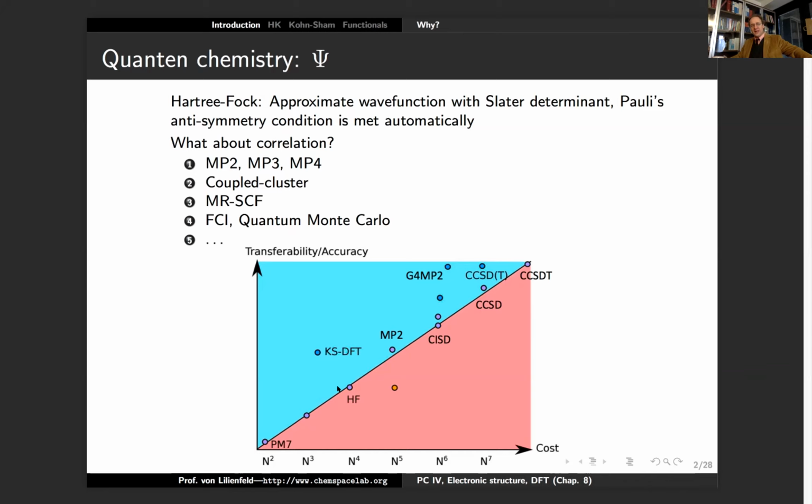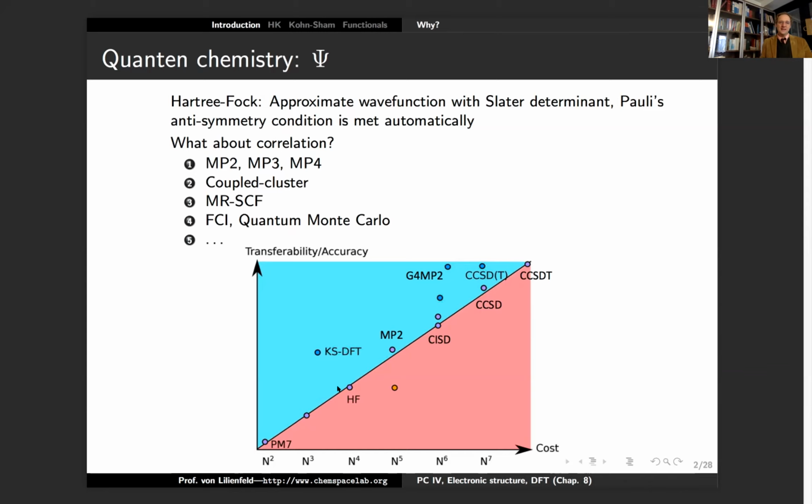But if you consider very smart approximations, you might be doing something in your favor, and you might be able to deviate from this diagonal and get some additional accuracy gain at constant computational cost, right?